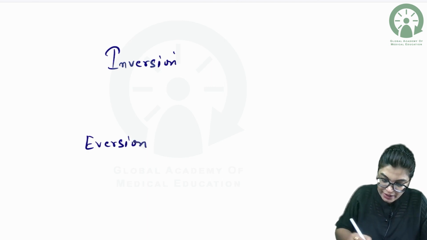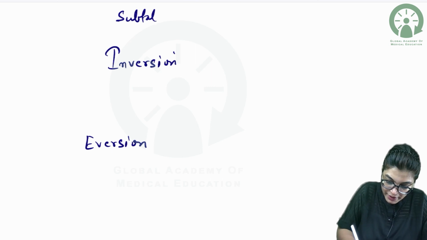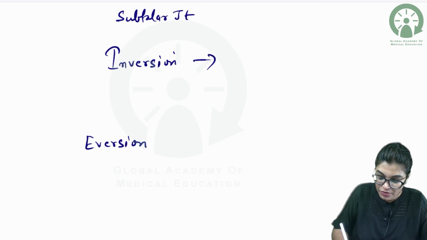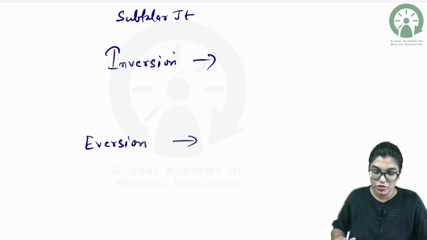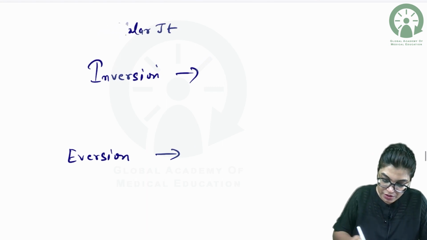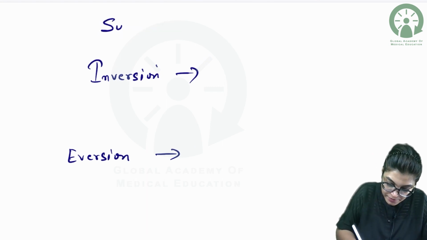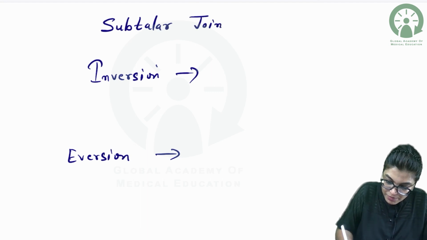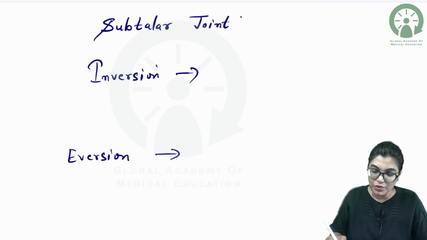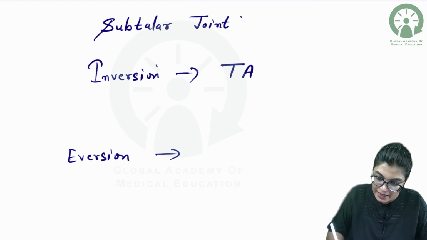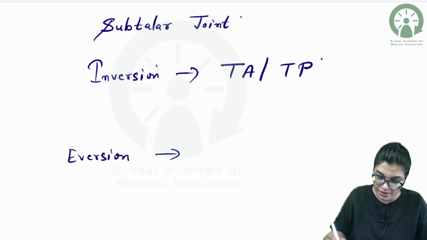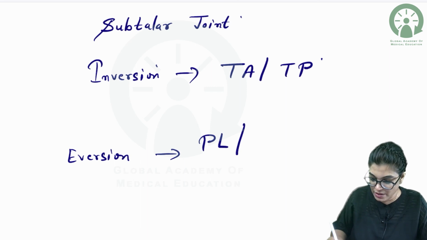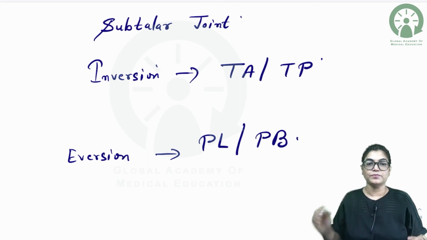Inversion and eversion are taking place at which joint? Subtalar joint. Inversion of the foot is done by tibialis anterior and tibialis posterior muscle. Eversion is done by peroneus longus and peroneus brevis muscle.